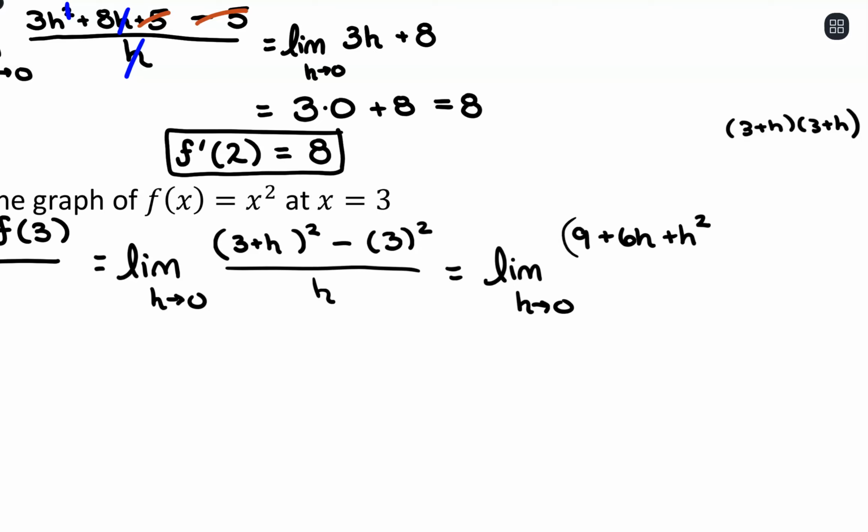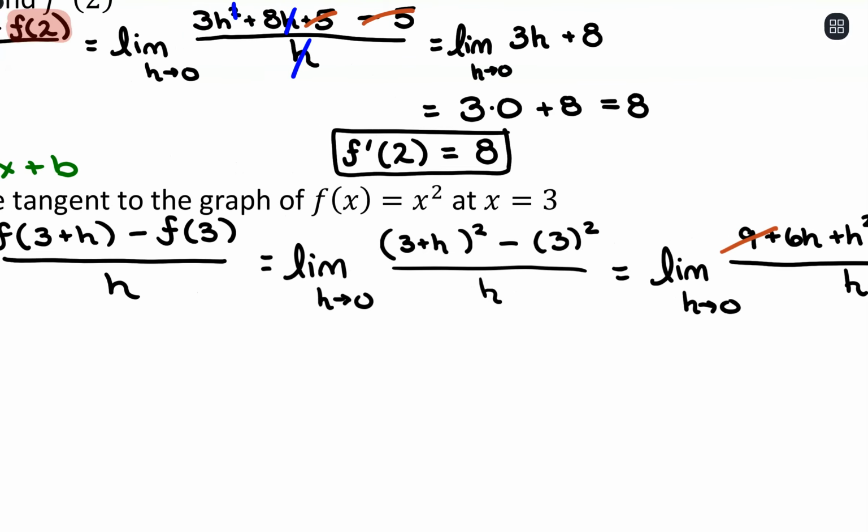So all of that is coming from that 3 plus h squared, and then we have subtraction with just 3 squared, which is 9, all over h. All right, we have a positive 9 and a negative 9, so those just turn into a 0, which means everything we have left in the numerator has an h involved, which is exactly what we want.